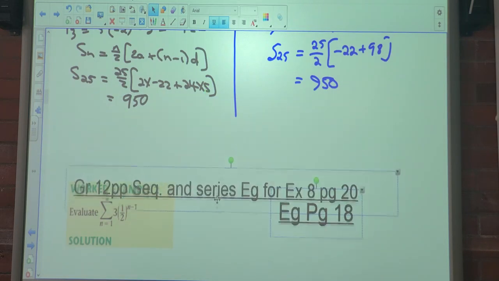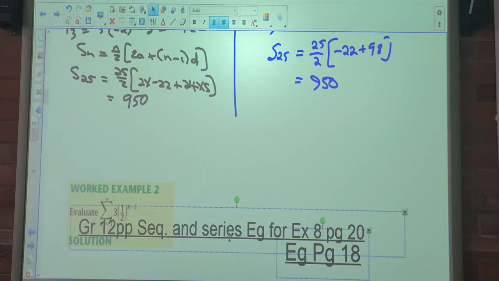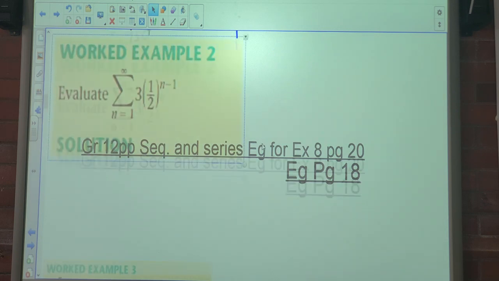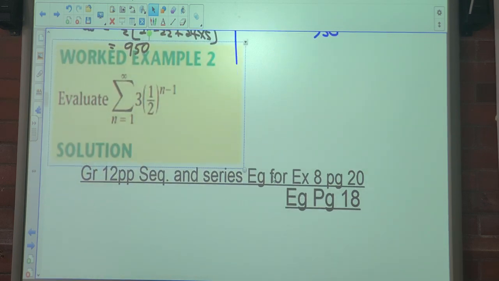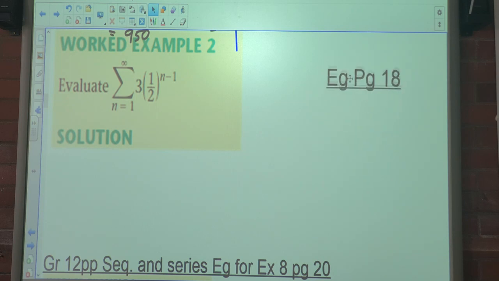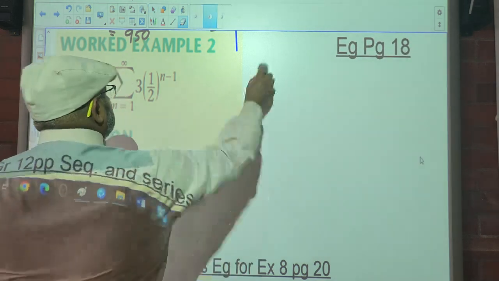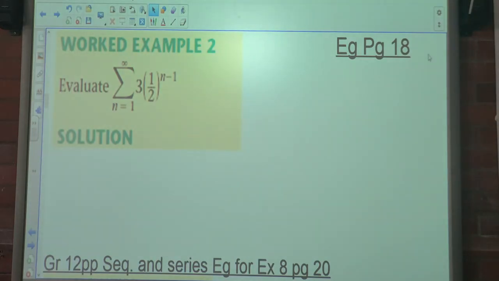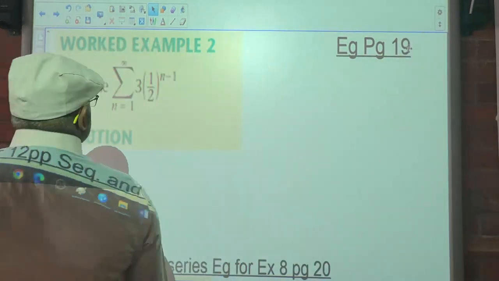This is now the second example, and this is on page 19. Example 2 on page 19. Here we are asked to evaluate.